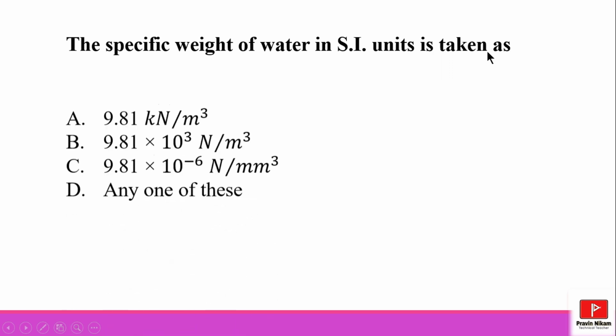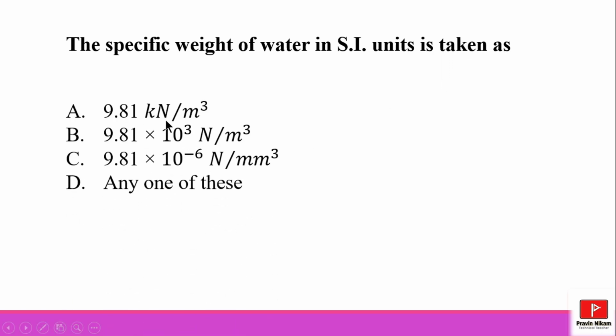Okay, and the options are 9.81 kilonewton per meter cube, 9.81 into 10 raised to 3 Newton per meter cube, 9.81 into 10 raised to minus 6 Newton per mm cube, any one of these. Now see, we should know the value for weight density of water: gamma water is equal to 9810 Newton per meter cube, and you can write this value like 9.81 into 10 raised to 3 Newton per meter cube.